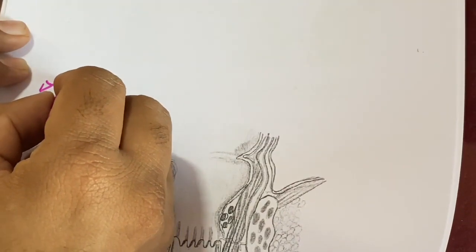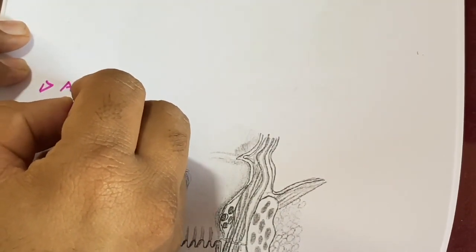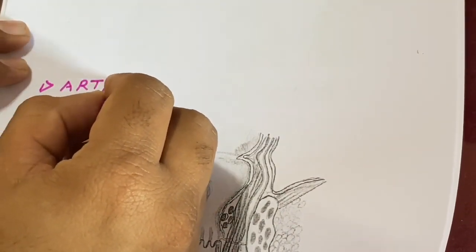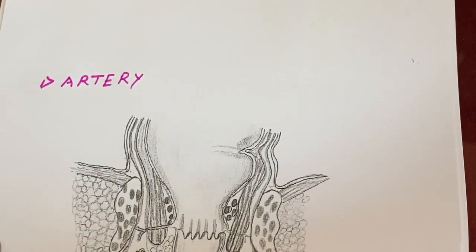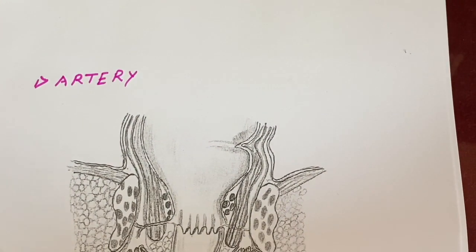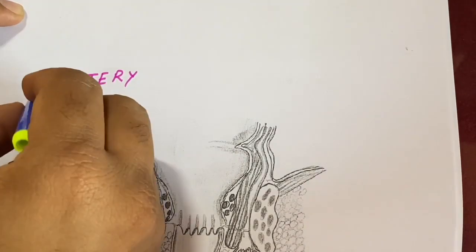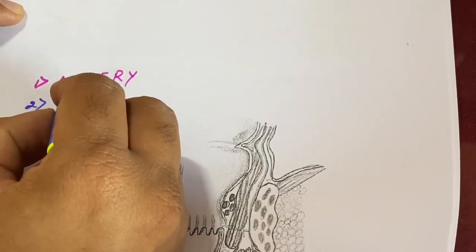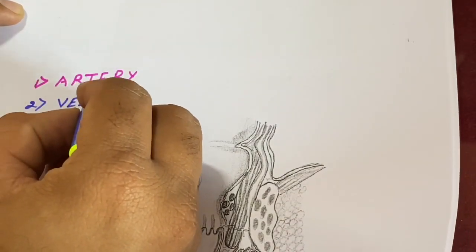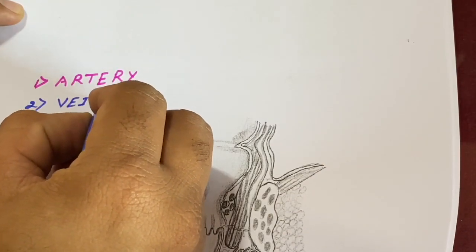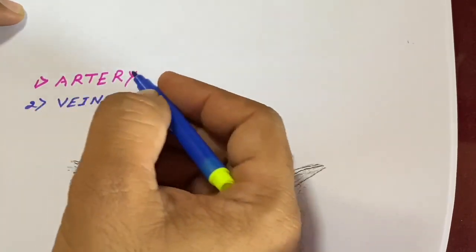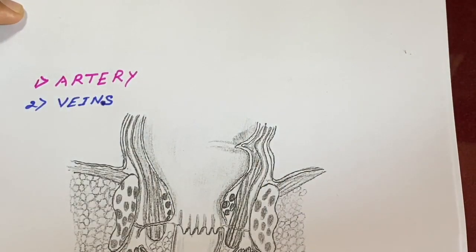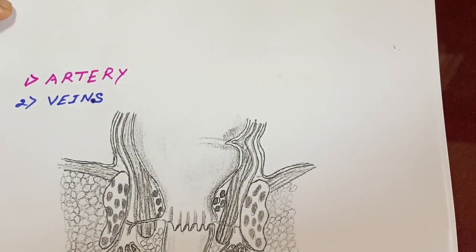Blood supply to the rectum and anal canal is in the form of arteries, as usual to the other organs, and the blood is taken away from the anorectal region in the form of veins.